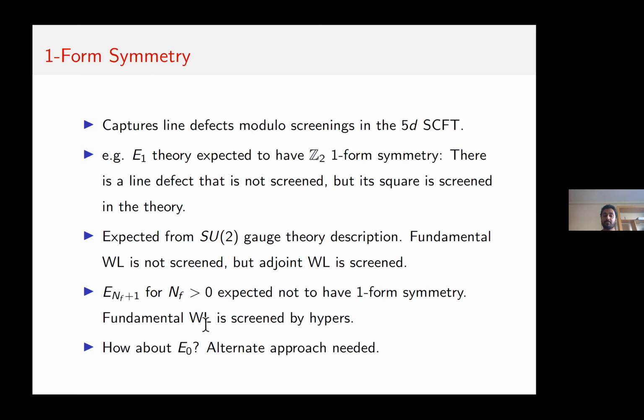But it seems that we can get a handle on one-form symmetries whenever there is a gauge theory description. But this does not tell us what happens when we have a 5D SCFT which does not have a gauge theory description, like the E0 theory. So to study one-form symmetries for general 5D SCFTs, we need an alternate approach.